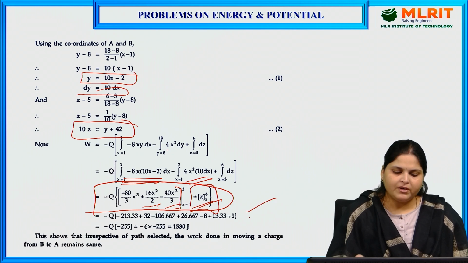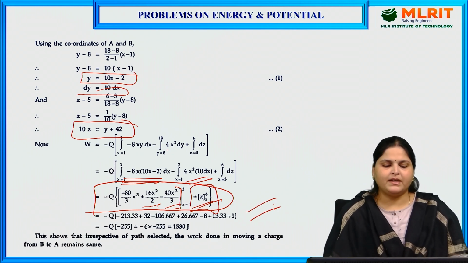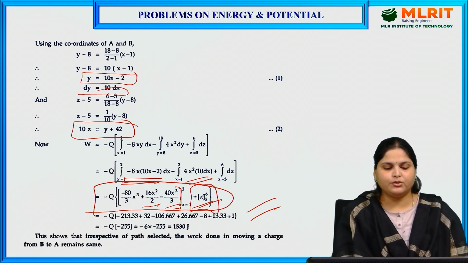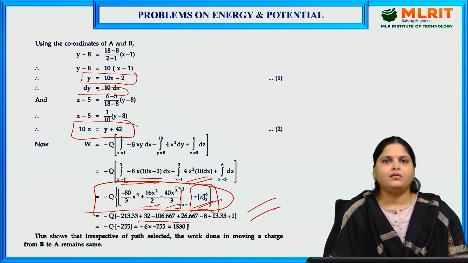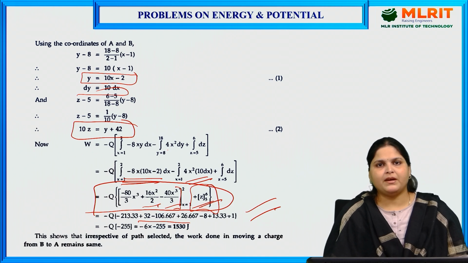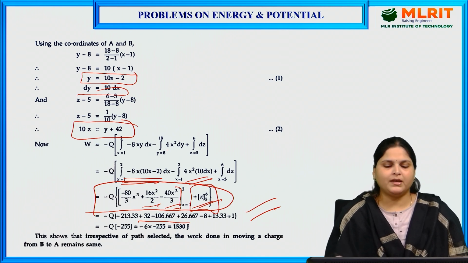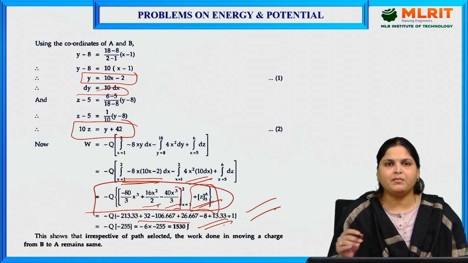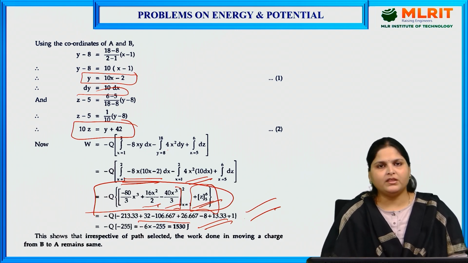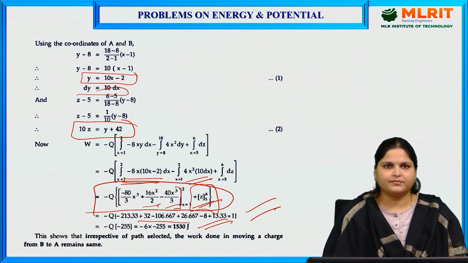And when we further simplify it, it becomes minus q into minus 213.33 plus 32 minus 106.667 plus 26.667 minus 8 plus 13.33 plus 1. And when we further solve it, we are getting the same answer as the first case, 1530.